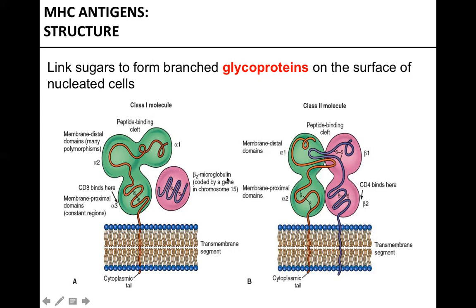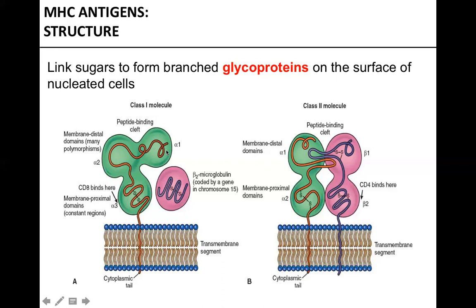So what I want you to notice here is the peptide binding cleft. The MHC molecules are structured in such a way so as to create what's known as a cleft or a crevice, and it's inside that crevice that pieces of antigen peptide are held for T cells to recognize.